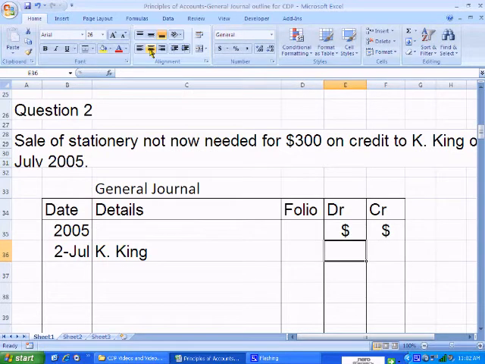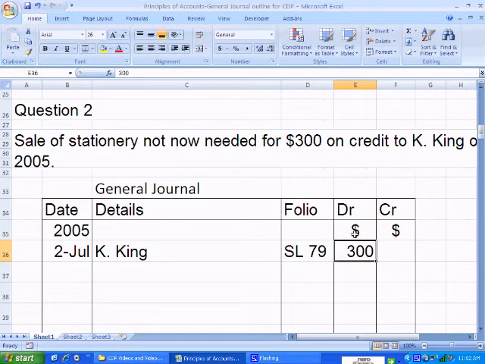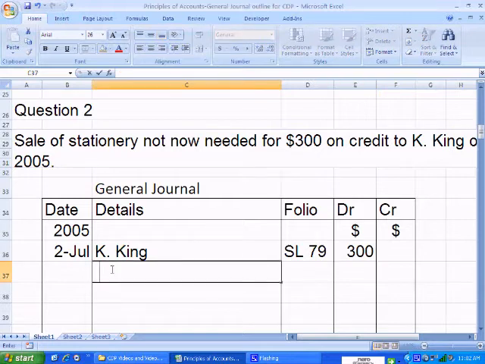Sales ledger 79. Then under that we have stationery. Stationery would be credited, so we have $300 right there.